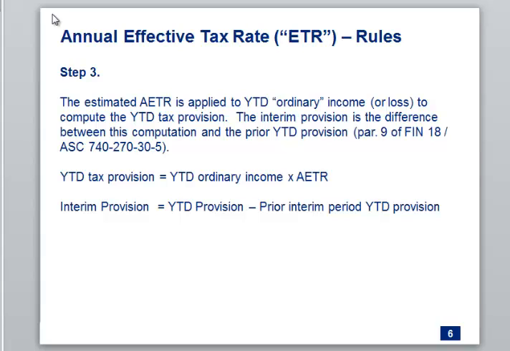That result will be your Q2 expense. Right? So it's pretty easy math. And where the complexity, at least so far, comes in is just your ability to forecast that 25%. So again, come up with your annual effective rate, include all the perm items and rate drivers that are going to hit your rate rec at the end of the year, apply that effective rate to ordinary income on a year-to-date basis.